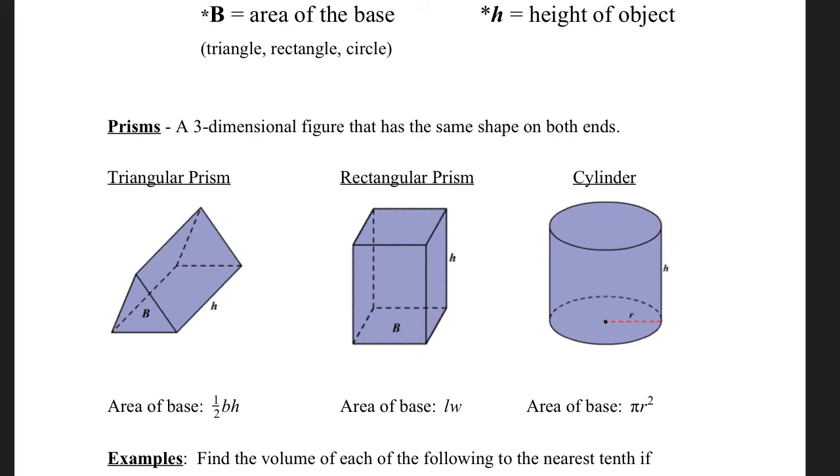Okay, so a prism is a three-dimensional figure that has the same shape on both ends. So in this triangular prism, you'll notice it has a triangle at the front here and a triangle on the back side. Rectangular prism obviously has a rectangle at the top and on the bottom.